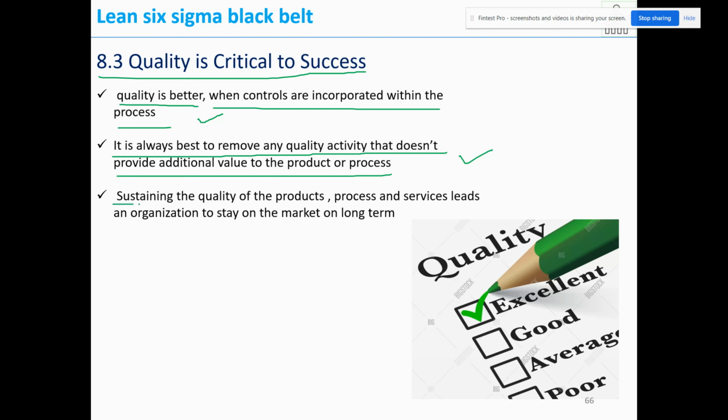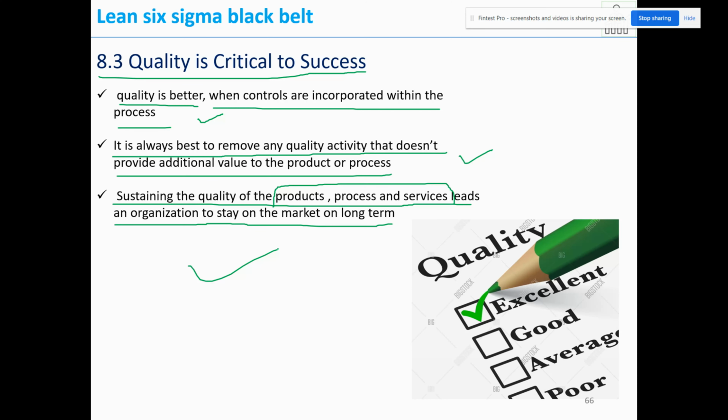Okay. Sustaining the quality of the products, process and services. See, you have to see all the three things: product, process, and services lead an organization to stay on the market in the long term. So when we sustain the quality of the products as well as the process and services, what happens?